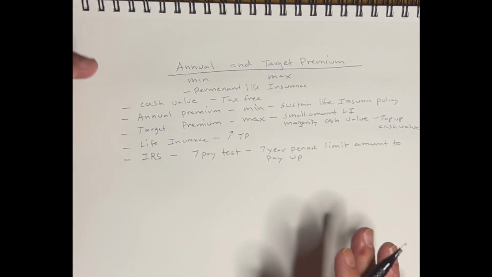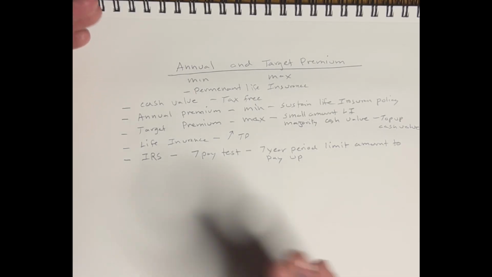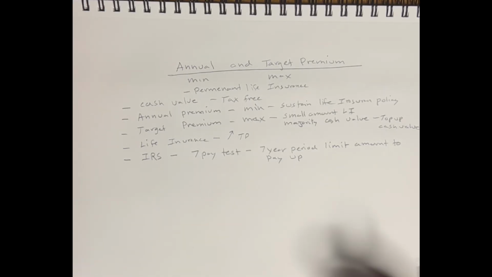As long as you don't exceed this IRS rule inside the life insurance policy, you can take advantage of paying more money into your cash value each month, buying a small amount of life insurance in the process with your target premium above your annual premium.